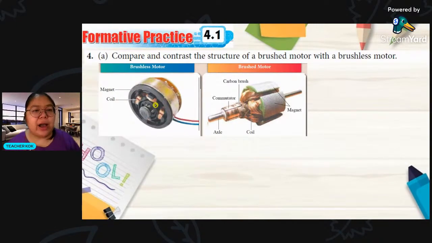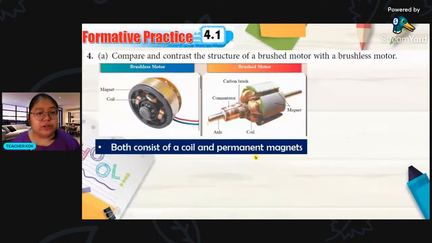In the brushless motor, the coil is maintained stationary and only the magnet rotates. How about the brush motor? The brush motor is the opposite: the coil rotates, but the magnet is a permanent magnet. So this is what we can contrast about the structure and how they move. First, we mention that both consist of a coil and a permanent magnet. This is the structure. Okay, how do they move?